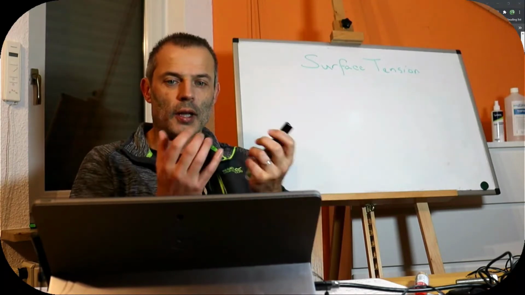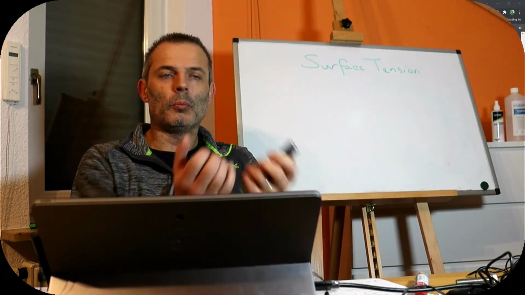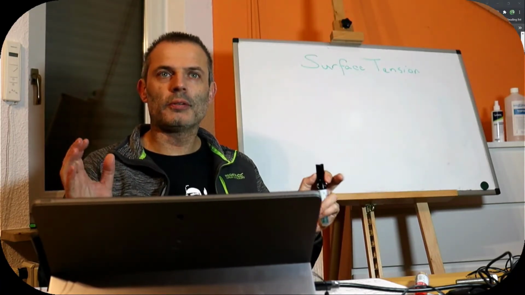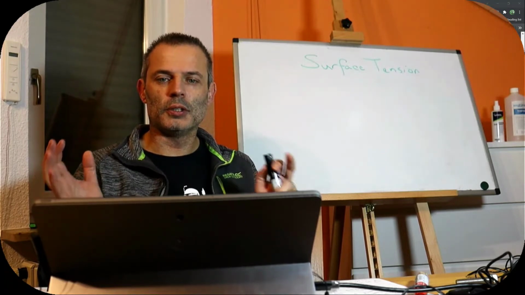A simple way of looking at surface tension is to imagine a force per unit length inside the liquid pulling at the surface. This is how we can model it. It's not the best way of doing it, so it breaks down in some conditions, but it's a good model.